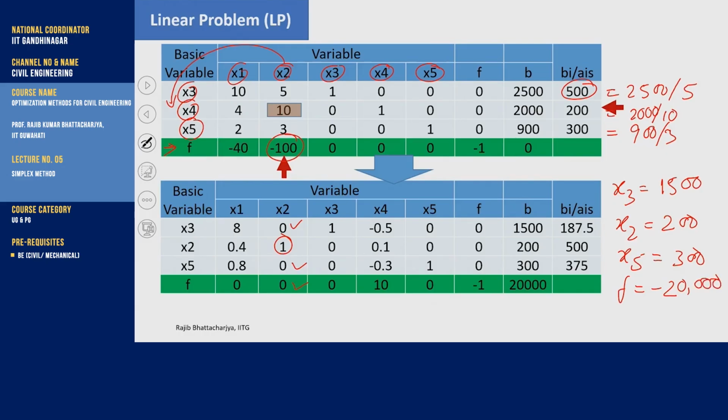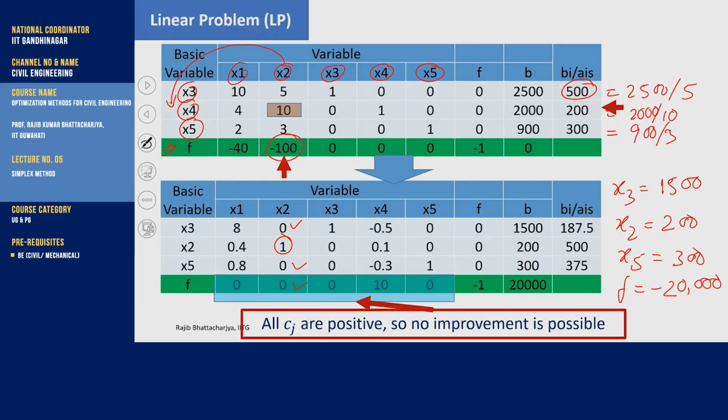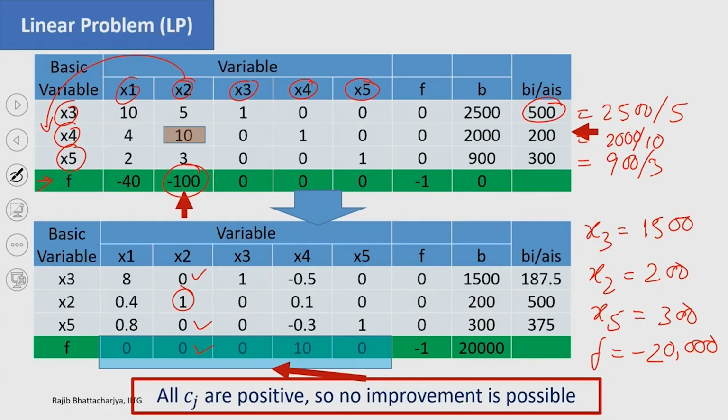Now, what we have to look? We have to look at the objective function row. Is there any negative coefficient? No, all Cj are positive, there is no negative coefficient. So, no improvement is possible, that means I will not get any improved solution.